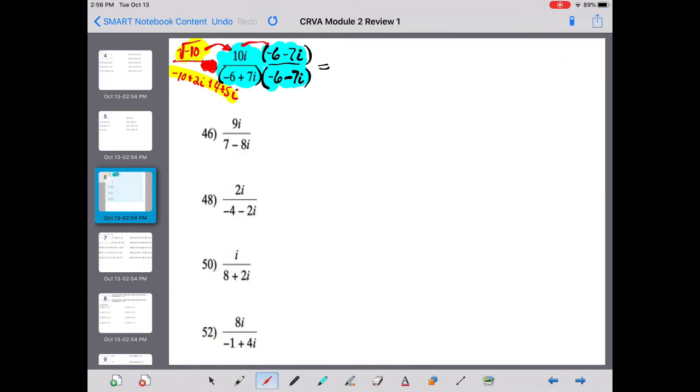So we distribute. On the top, we get negative 60i. Oh, sorry, negative 60. Yeah, that's an i. Negative 60i and negative 70i squared. Remember, this negative 70 really becomes a positive 70.